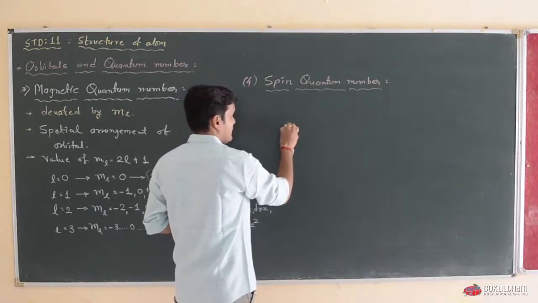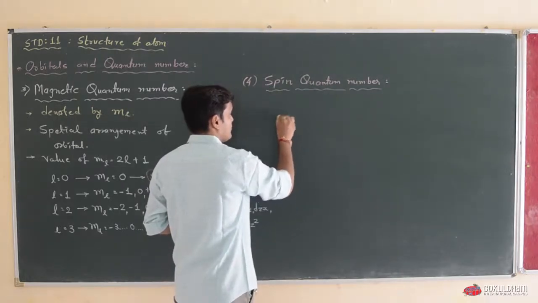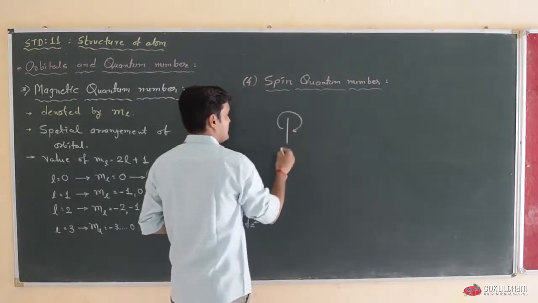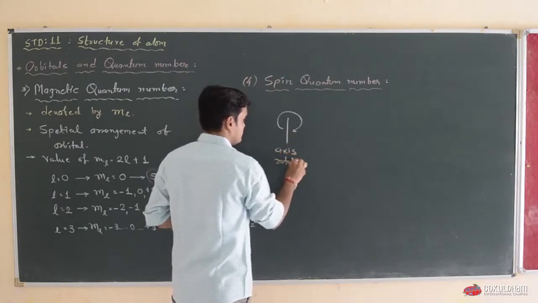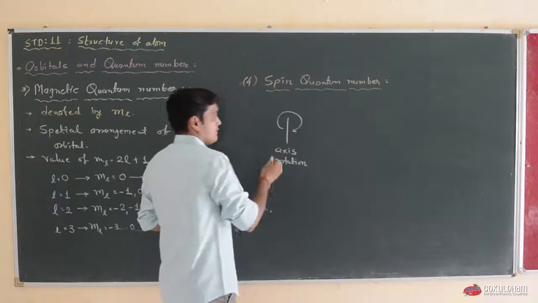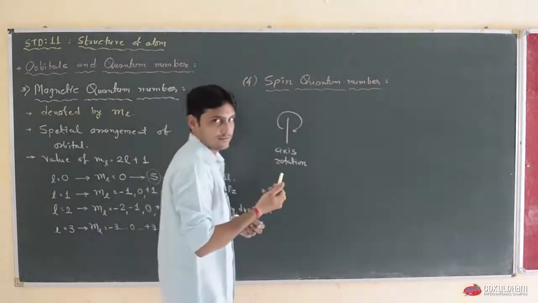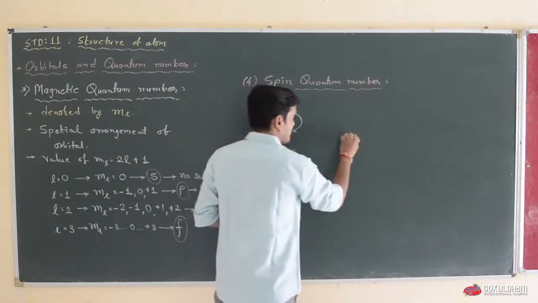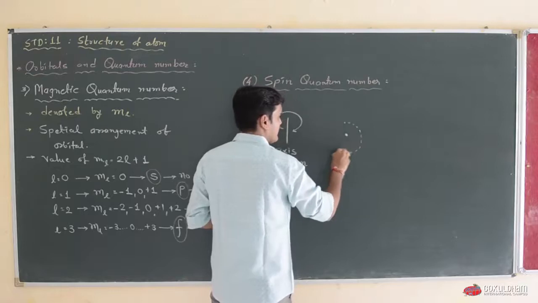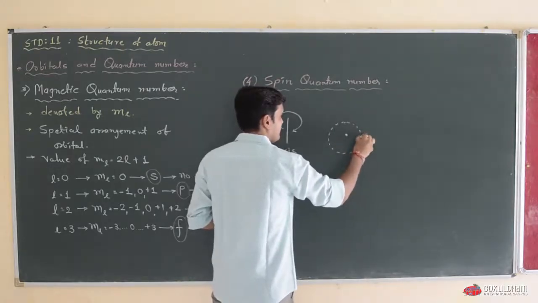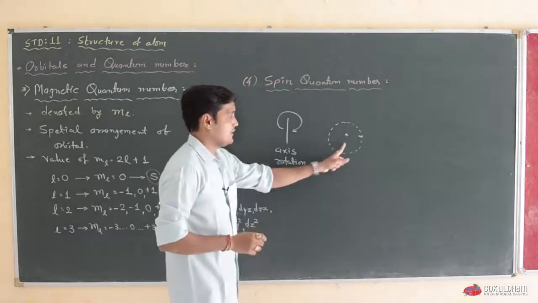We know that an electron can rotate on its own axis, that is axis rotation. The second motion is orbital motion: this is our nucleus, and the electron can travel around the nucleus.